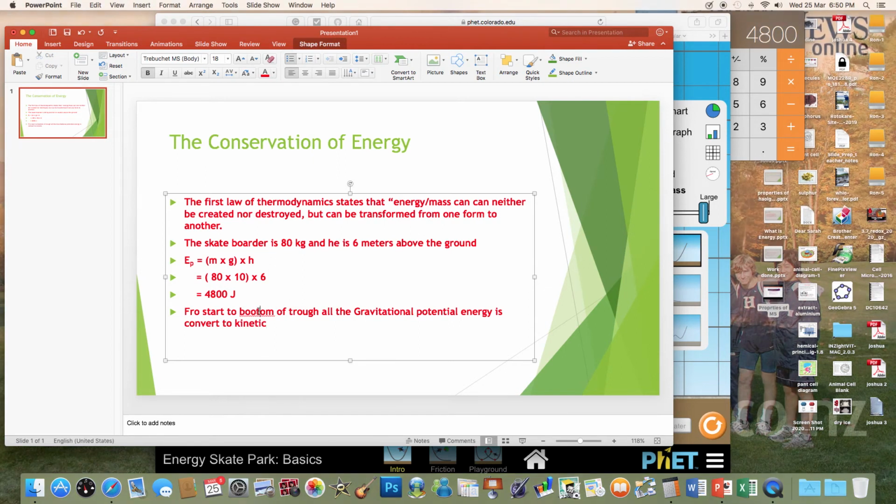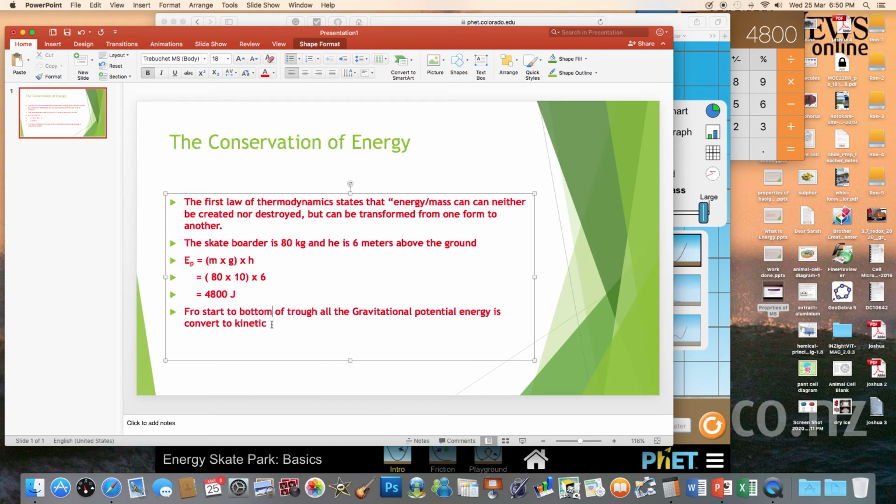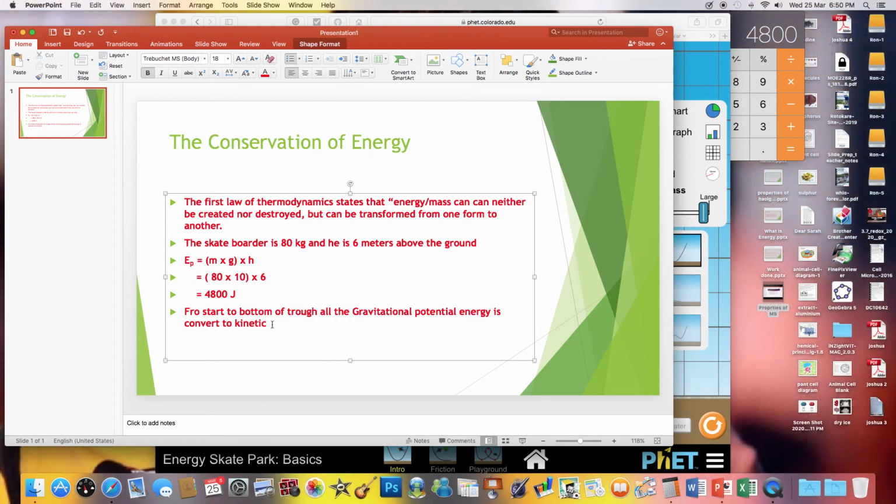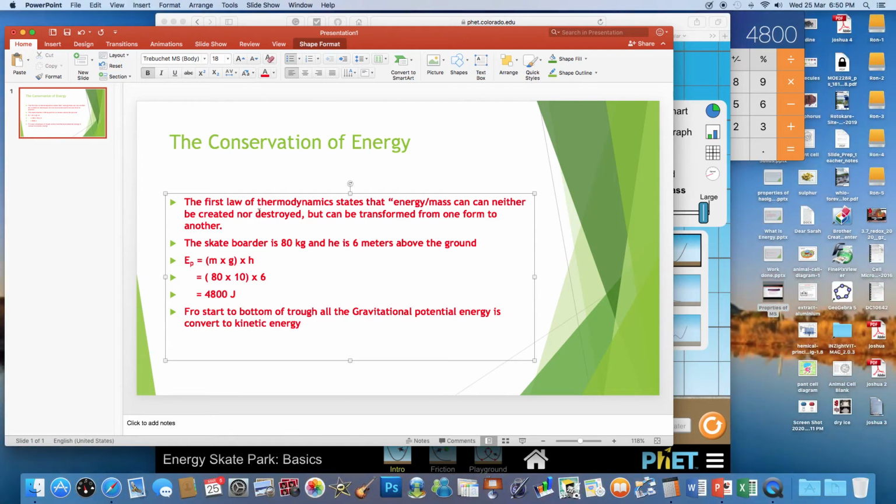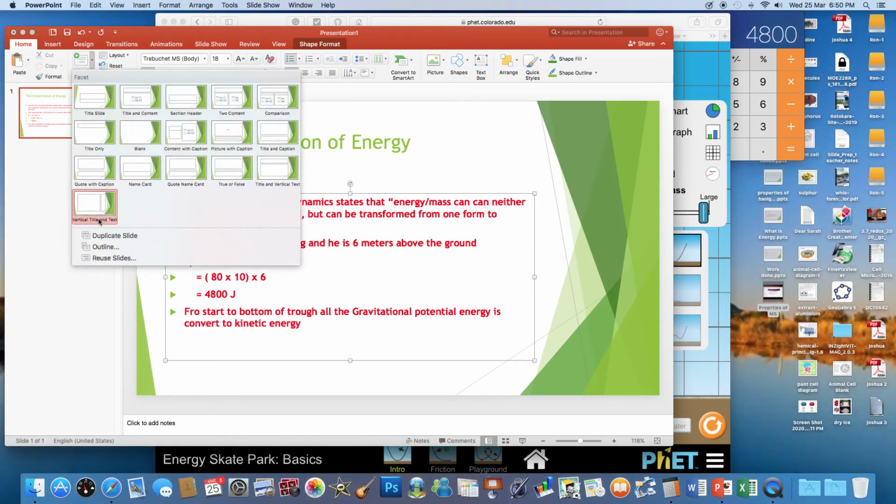Another way of looking at that is to say that at the top he's got 4,800 joules of potential energy, but no kinetic energy. That's important.